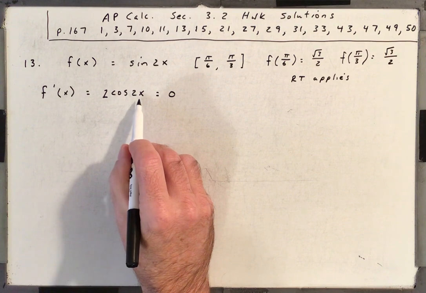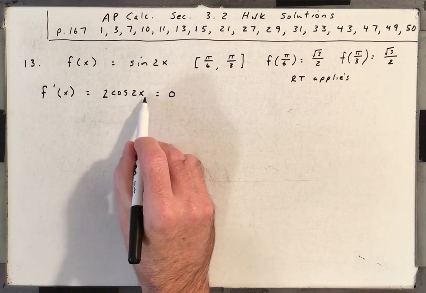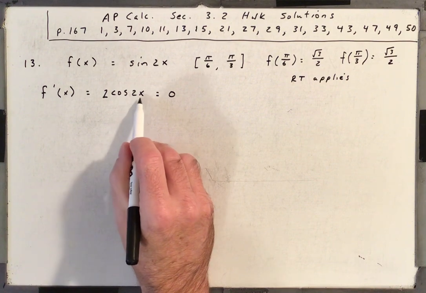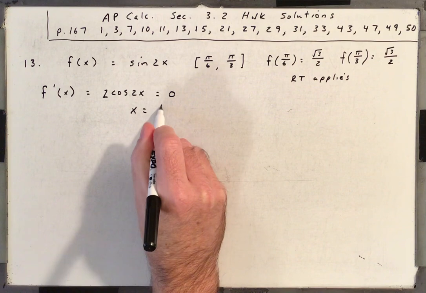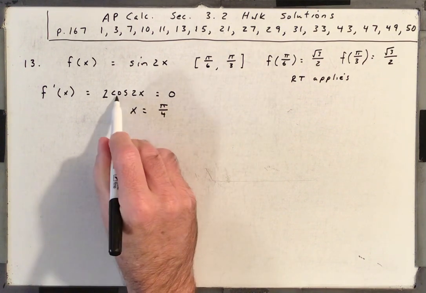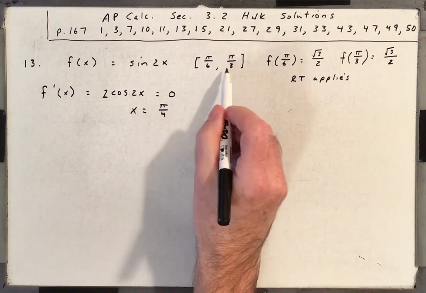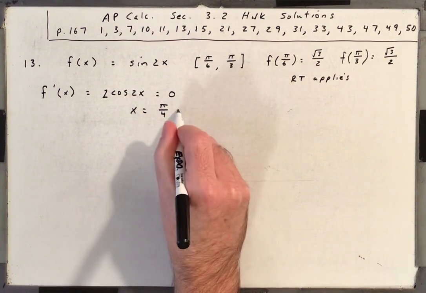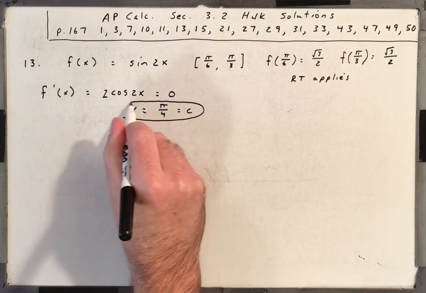Well, it would be 0 at pi over 2. So if I plug in pi over 4, multiply that by 2, then you're taking the cosine of pi over 2, which is 0. And that is within the interval pi over 6 to pi over 3. So that is our value of c, where you have a horizontal tangent line.